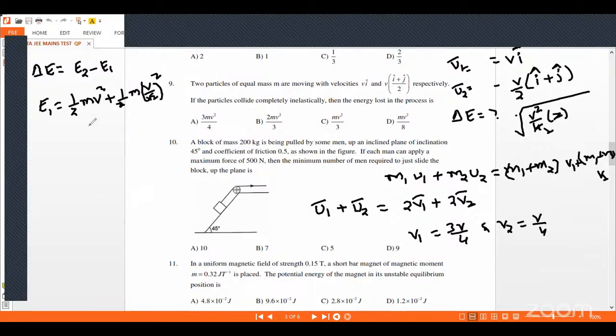So initial energy will be mv square by 2 plus mv square by 4, that is 3mv square by 4.